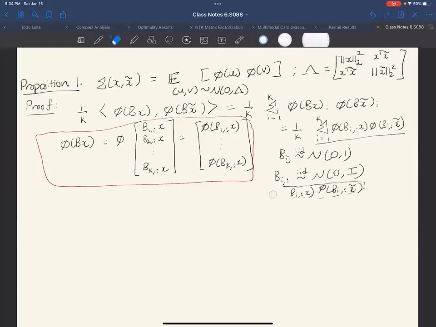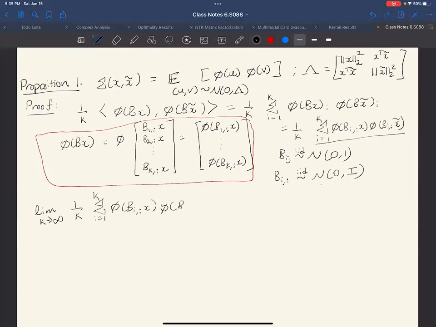And so if I wanted to compute that sum, what I would do is take the limit as k goes to infinity of 1 over k times the sum of phi of b_i x, phi of b_i x tilde. This converges in probability, I'll put a P here for convergence in probability, which again is in the first lecture notes for those of you who need a refresher.